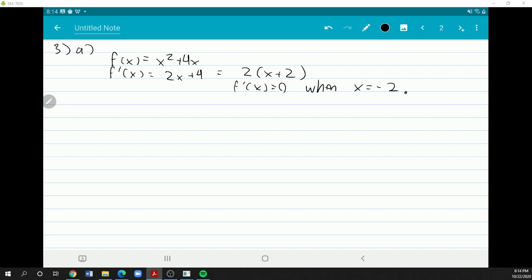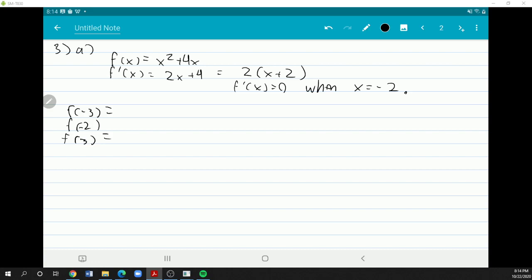So we check f of minus 3, f of minus 2, and f of 3. F of minus 3 is the left endpoint. F of minus 2 is our critical point. And f of 3 is our other endpoint.